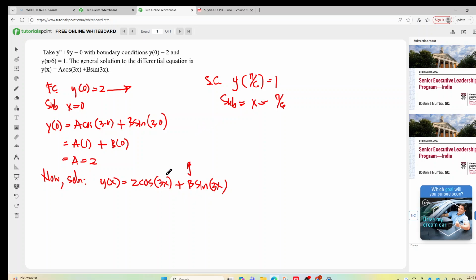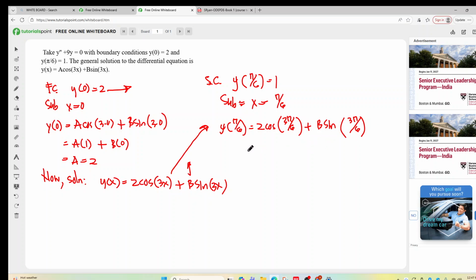So y of pi over 6 is equal to 2 cosine 3 pi over 6, if you multiply it, plus b sine 3 pi over 6.